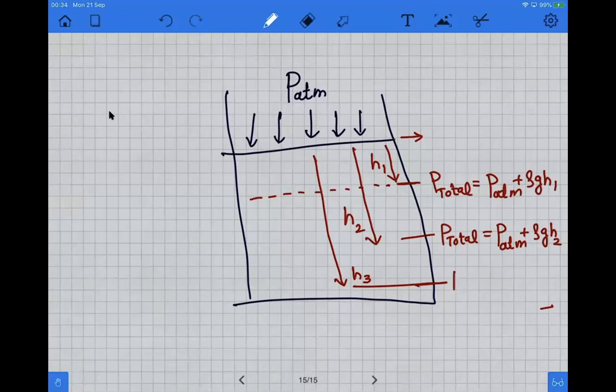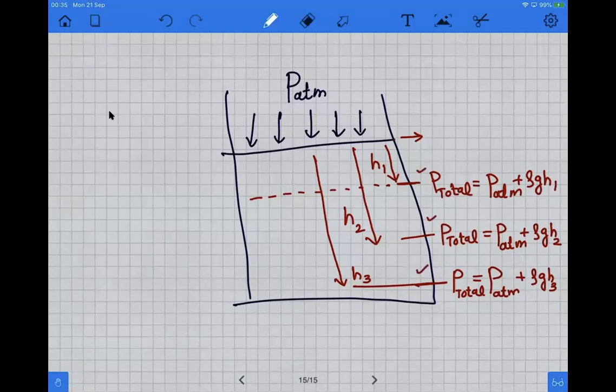And here P total will be equal to P atmospheric plus rho GH3. So these are the values of pressure at this point, at this point, and at this point.